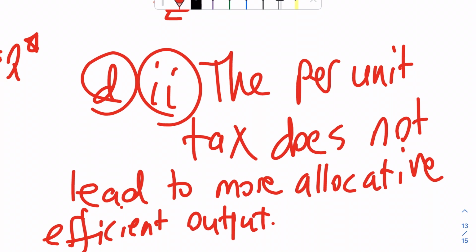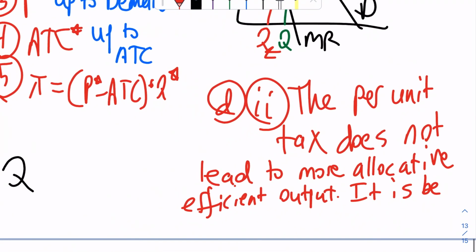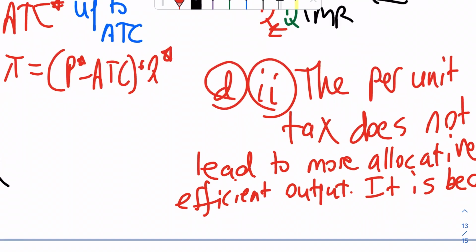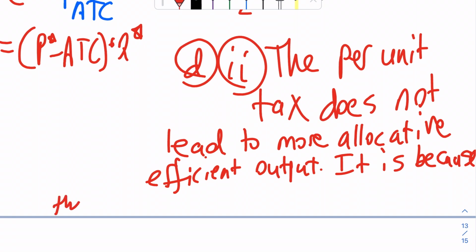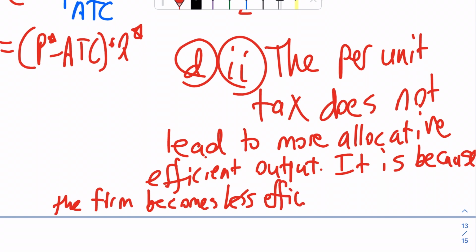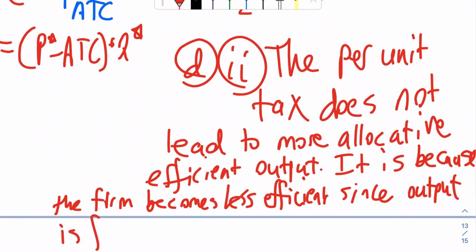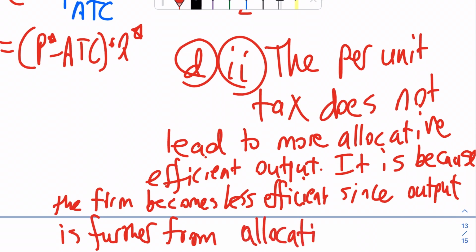And if they ask for a reason, it is because the firm becomes less efficient since output is further from the allocative efficient level.